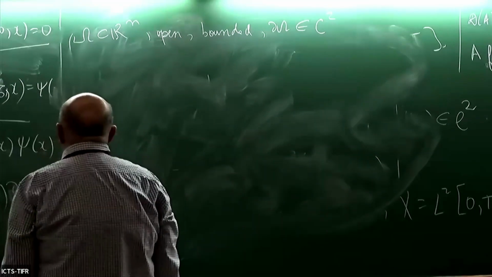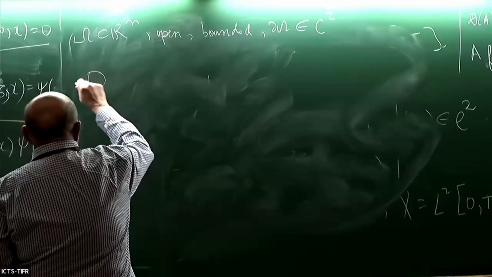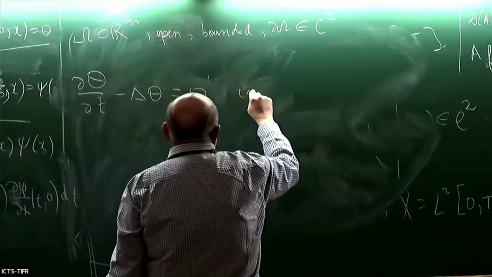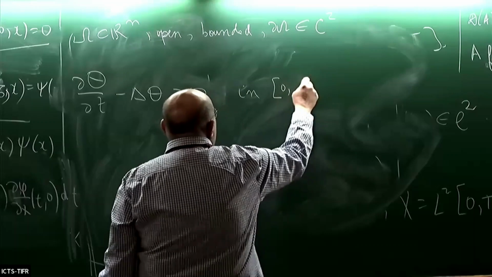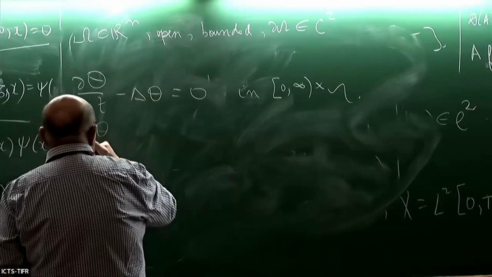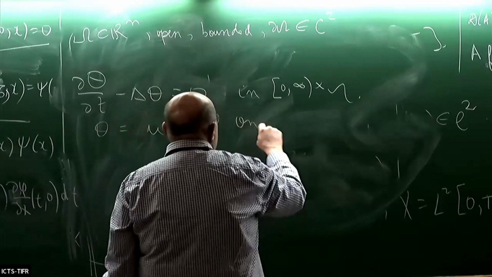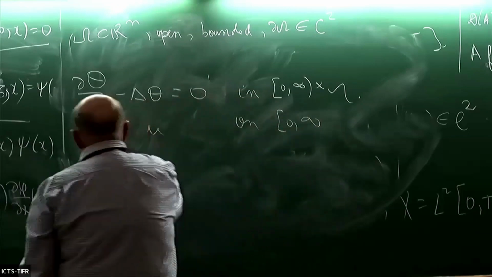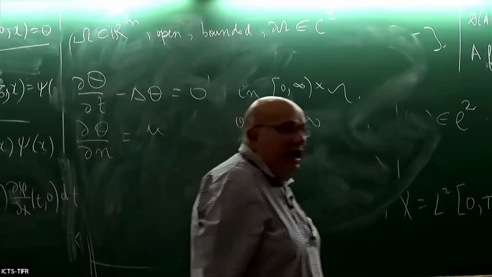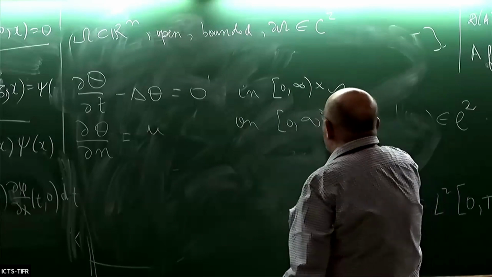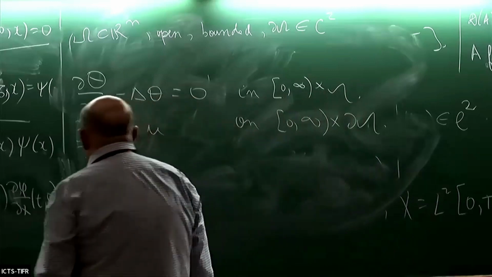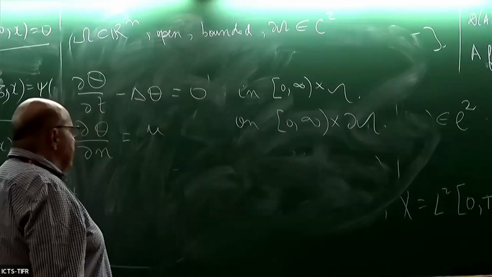I consider the boundary control problem: d theta over dt minus Laplacian theta is equal to 0 in (0, infinity) times omega. The normal derivative of theta is equal to an input u on (0, infinity) times the boundary of omega. I will come back to the Dirichlet case, but that is more complicated. Then what will I call solution?